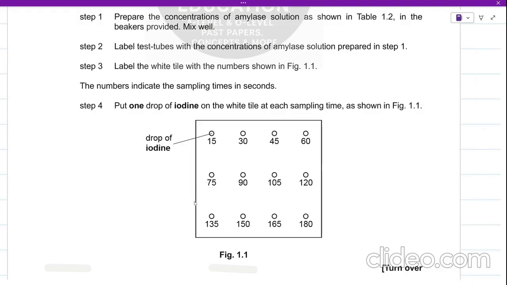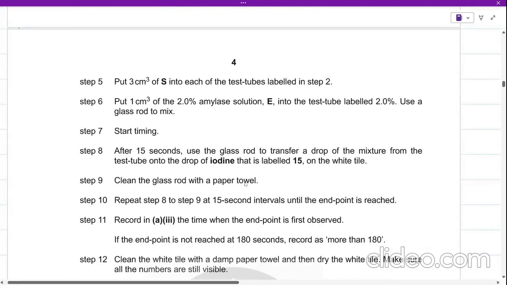They have labeled the times: 15 seconds, 30 seconds, 45, 60, 75, 90, 105, 120, 135, 150, 165, and the last one 180. So we are going to place a drop of iodine at each spot on the white tile after we label it. Then we are going to put 3 cm cube of S into each of the test tubes labeled in step 2.